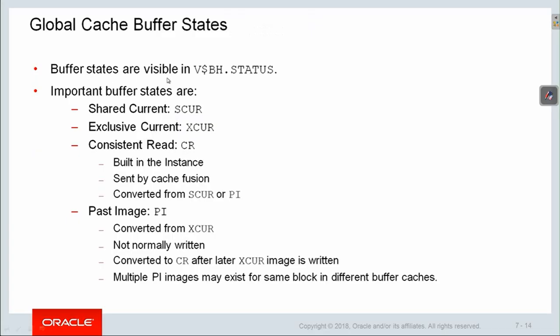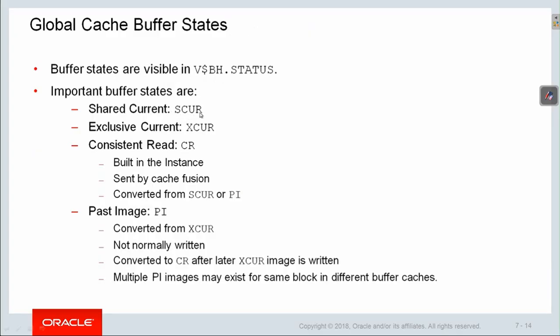Buffer states are visible in the V$BH view, the buffer header view, in the status column. And there are important buffer states. SCUR is shared current.